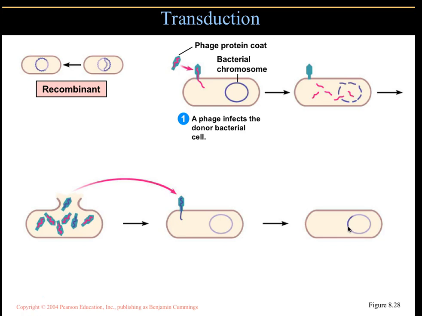So even with the act of being under attack by a virus, with transduction, trans means across. You have a bacteria, and it's affected by a virus, and some of the bacterial DNA gets inside one of the viruses. That's the trans, and then that virus is going to try to infect another cell.